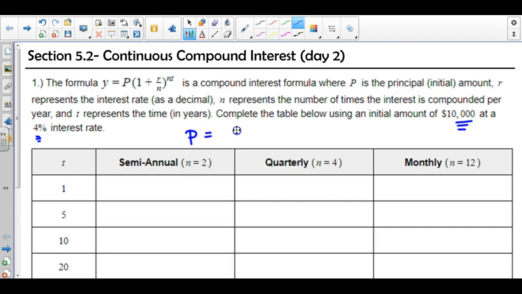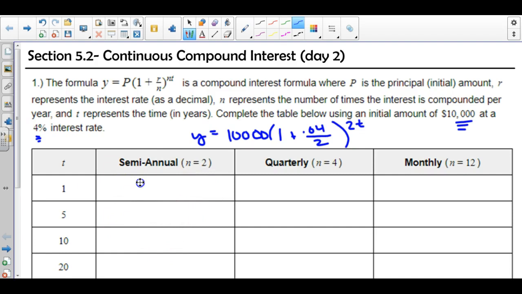The formula we're going to use is y equals 10,000 times 1 plus the r value of 4%, so 0.04, divided by n. I'm going to demonstrate first with the semi-annual, which is 2, and then raise that to the power of 2t. So this is the first equation that we're going to put into Desmos and create a table of values.